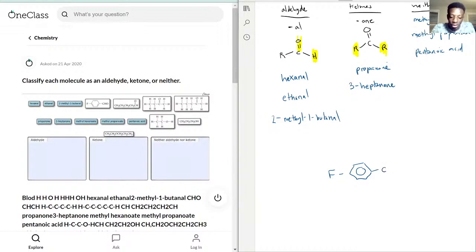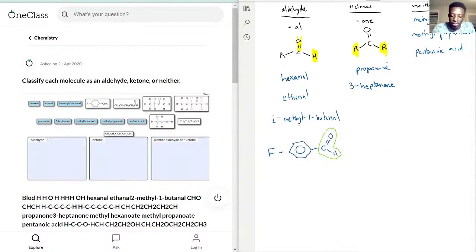The only way for this to be bonded to CHO would be CHO, yes, but C still needs 4 bonds, and oxygen has 6, so it needs 2 more bonds to fill this space. So that's why we have a double bond here. So with that being known, this tells us this is an aldehyde functional group with the fluorine and the benzene ring, then it ends with a double bond to C and an H at the end. So this right here is an aldehyde.